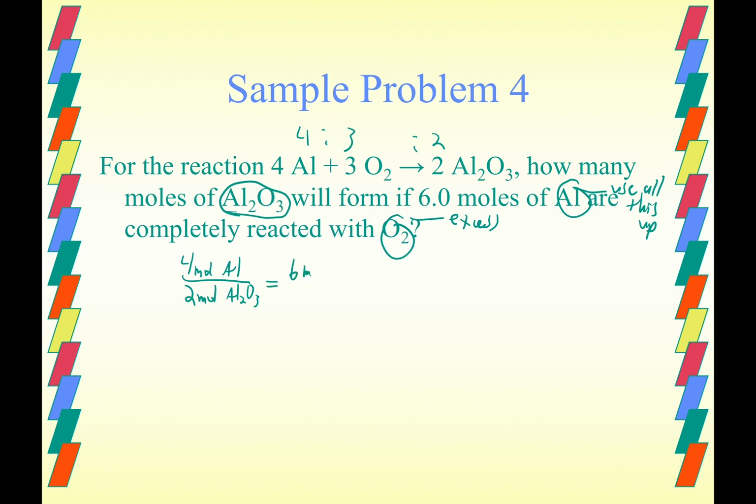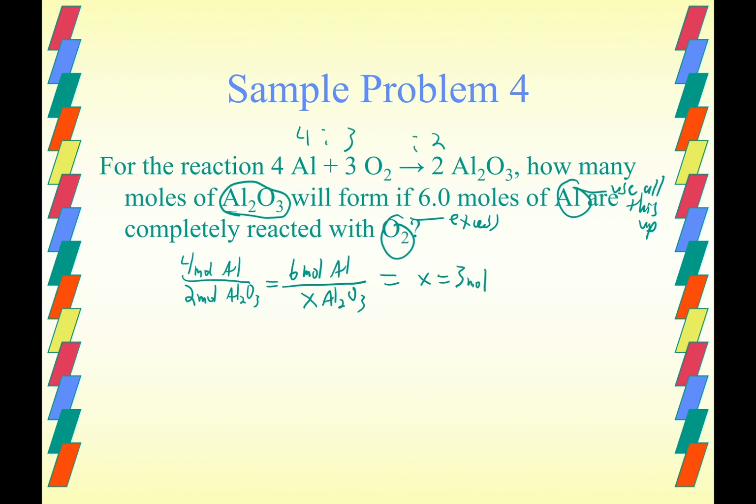Well, now we have 6 moles of aluminum. Now how much aluminum oxide can we produce? We cross multiply here. And we get X equals 3 moles.